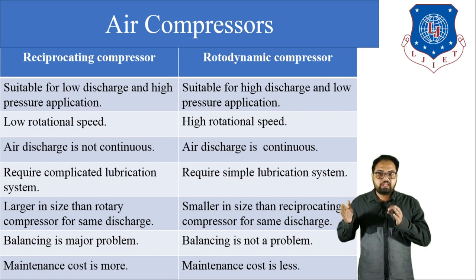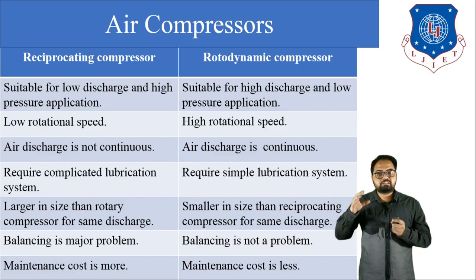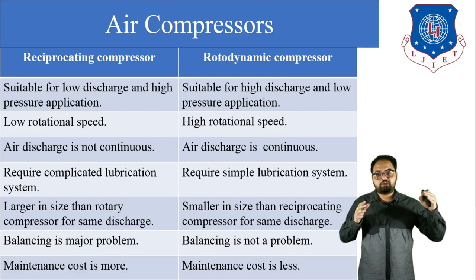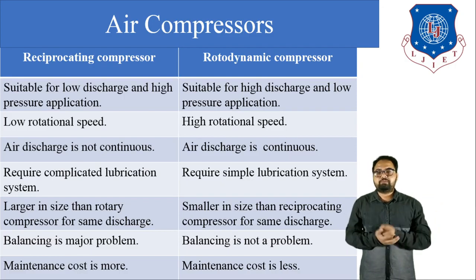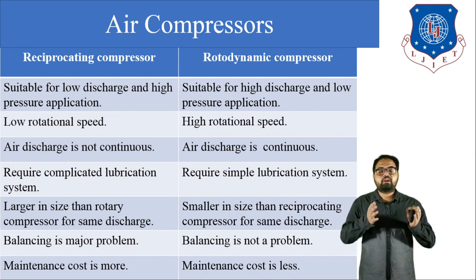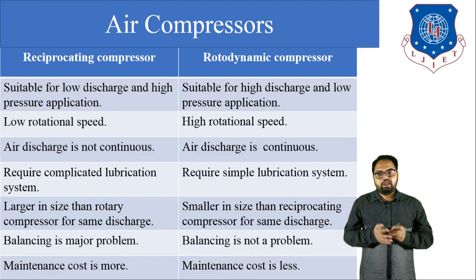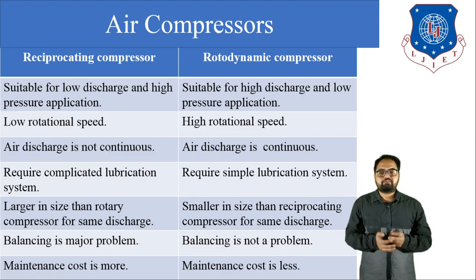Reciprocating air compressor has a larger size than the rotary compressor for the same discharge, because in this type of compressor there is cylinder, piston, connecting rod, crankshaft, all this arrangement required, so it is larger in size than the rotodynamic air compressor, and rotodynamic air compressors are smaller in size as compared to reciprocating air compressor for the same discharge.